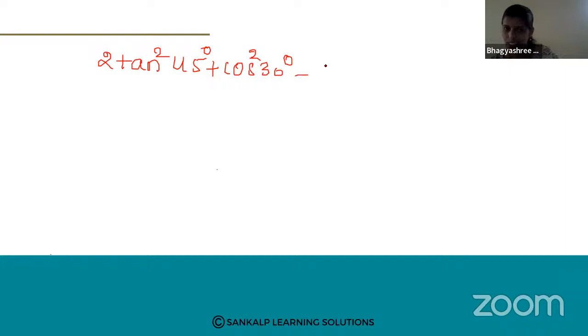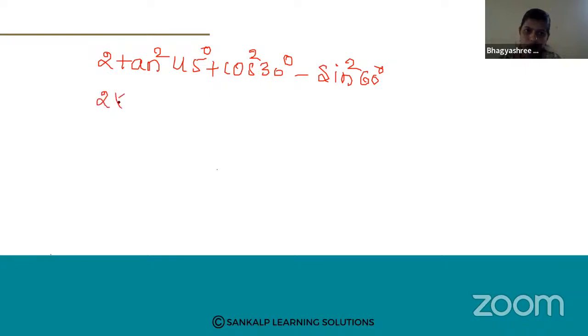Yes. 2 tan square 45 degree plus cos square 30 degree minus sin square 60 degree. Find out the value of 2 tan square 45 degree plus cos square 30 degree minus sin square 60 degree. So, how to find out the value of this?